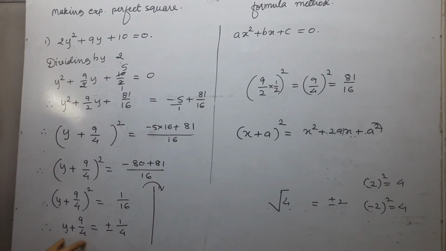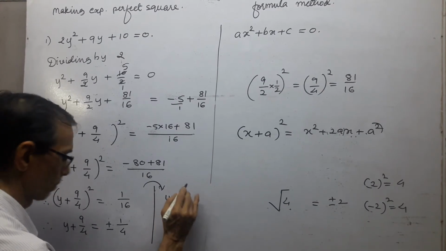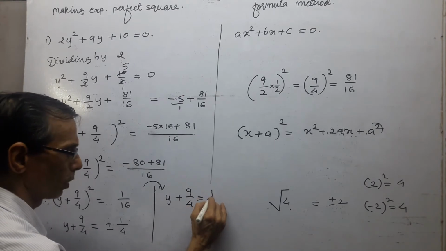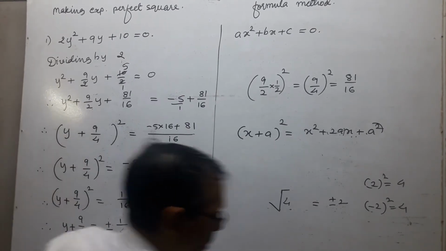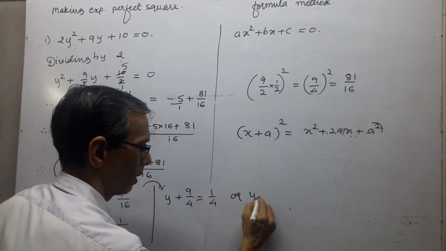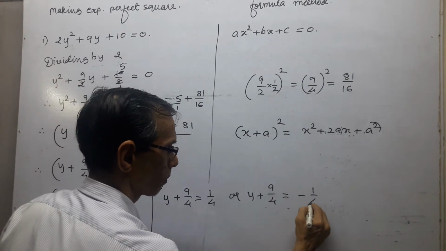Write two equations, the first for plus and the second for minus, and therefore we write y plus 9 upon 4 is equal to 1 upon 4, or y plus 9 upon 4 is equal to minus 1 upon 4.